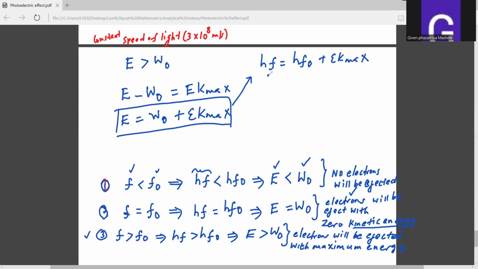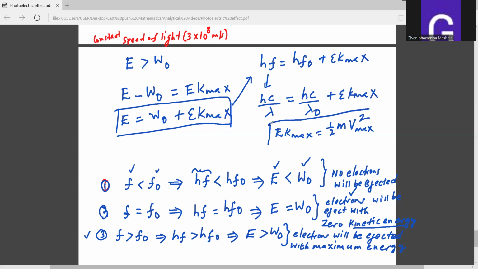Or we can use hc over lambda, and this side is hc over lambda naught plus the EK maximum. But when calculating EK maximum, this kinetic energy is just half m v maximum squared, so we use the kinetic energy formula. I believe you guys are following.